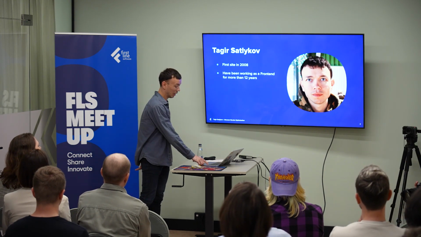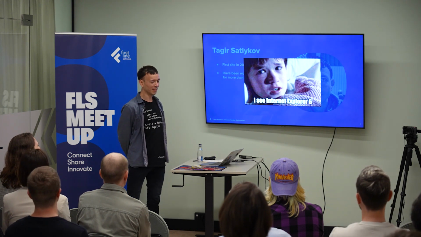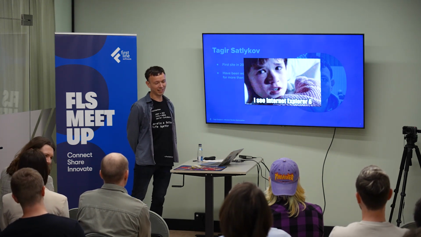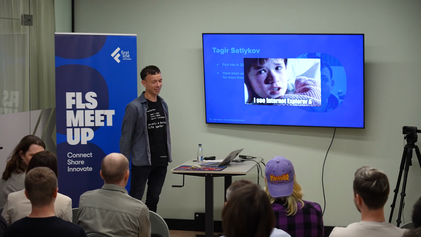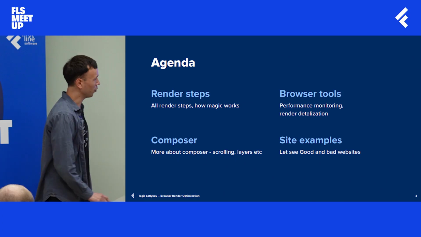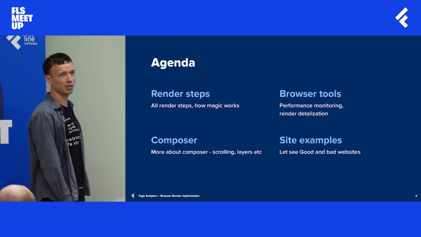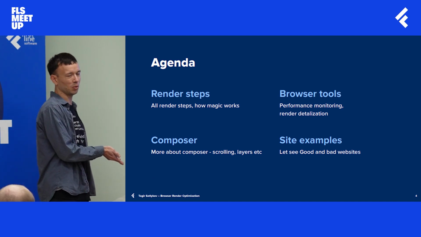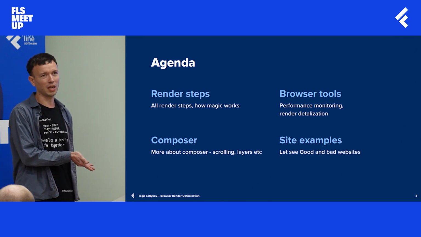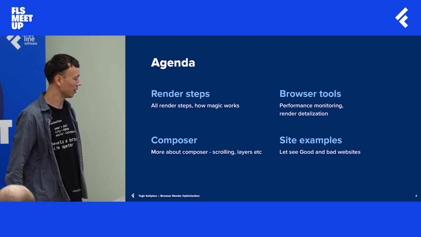So I saw some weird things in my life, and today I want to share with you my experience in Google Chrome, how the render works inside. Because for most of us, it's just like magic. We just give some code to Google Chrome and we don't know what exactly is going on inside.